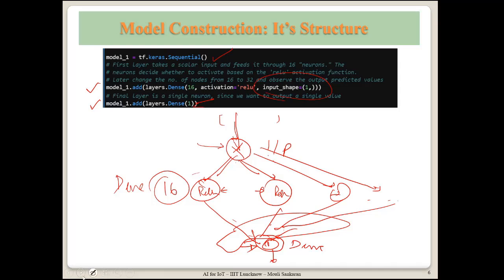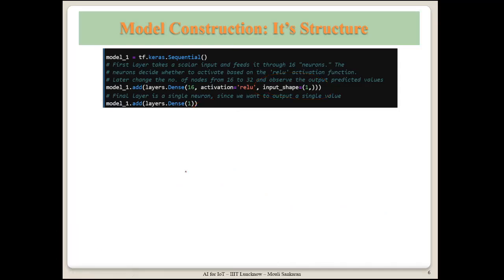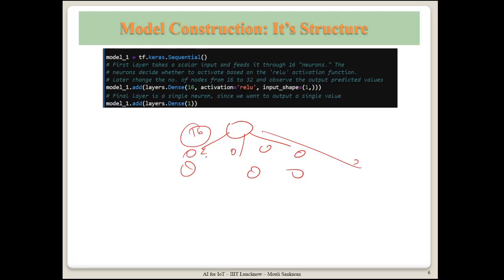Now I want you to calculate how many parameters there are in this case, configurable ones which can be updated on every iteration or every epoch when the learning happens. How many are going to be there? Let us assume this is all 16. Because 16 nodes are there, we have only one input, so each of them will have one weight.